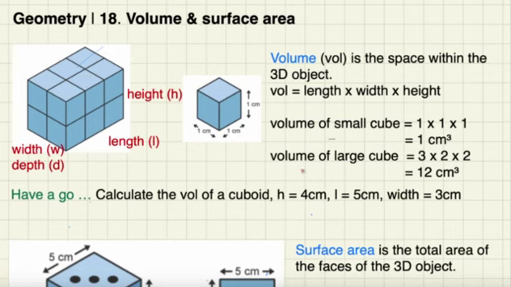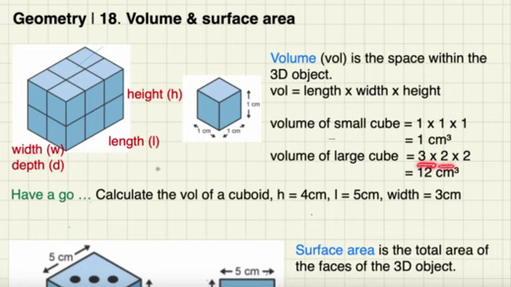So what is the volume of this larger cube? We can apply this. Length is 1, 2, 3 centimeters, because each of these is a centimeter. That's 3 centimeters.